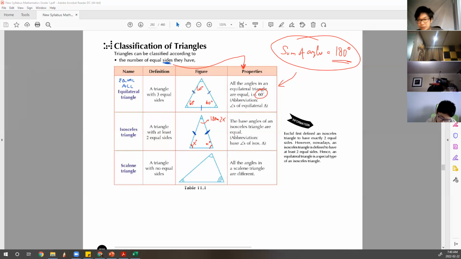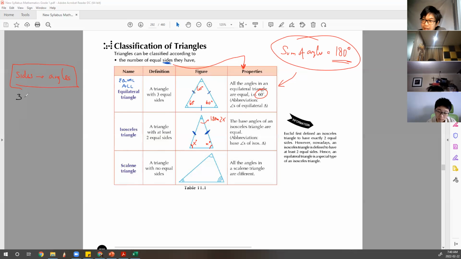Now, the scalene triangle. A scalene triangle has no equal sides, which means it has no equal angles as well. That's the rule, because the comparison of the sides can be seen in the comparison of the angles.